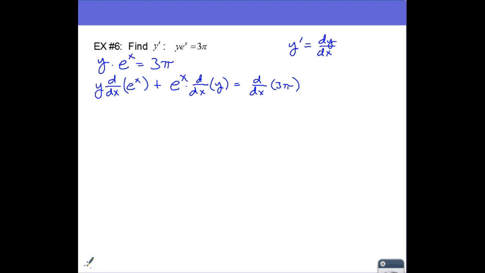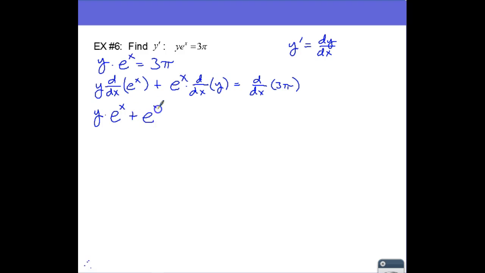So now all I have to think about in this first term is, what is the derivative of e to the x? And the derivative of e to the x is actually just e to the x. Now we have to apply our chain rule here, and so that means that I'm going to have y times e to the x, and the derivative of x is dx/dx, so that would just be 1.